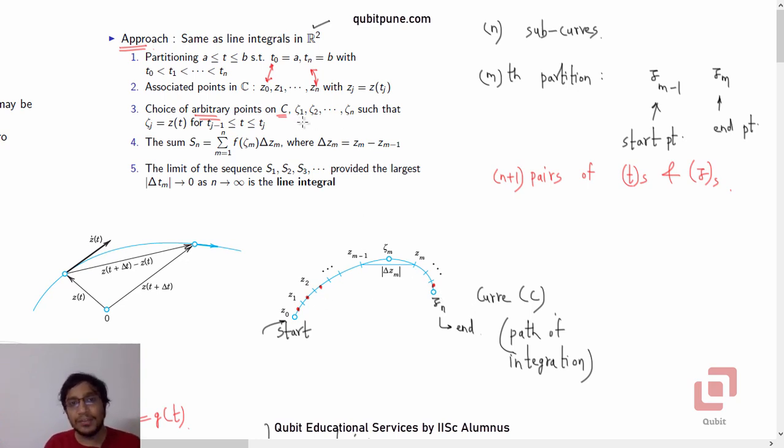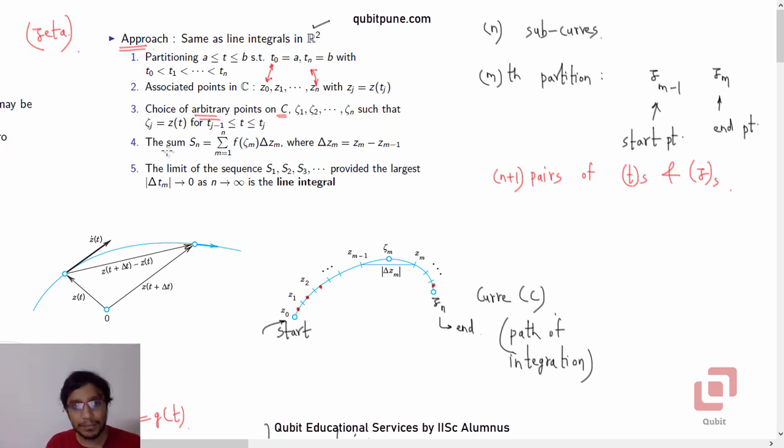These points are still complex numbers, so I'm going to use the Greek letter zeta for this. Zeta 1 is going to be any point on the first subcurve, but only one point. It can either be z0 or z1 or any point between them. Repeat this process n times, and we will get n different complex numbers, zeta 1, zeta 2 till zeta n.